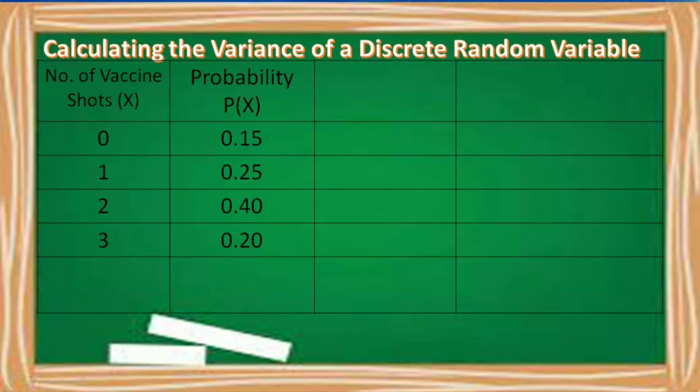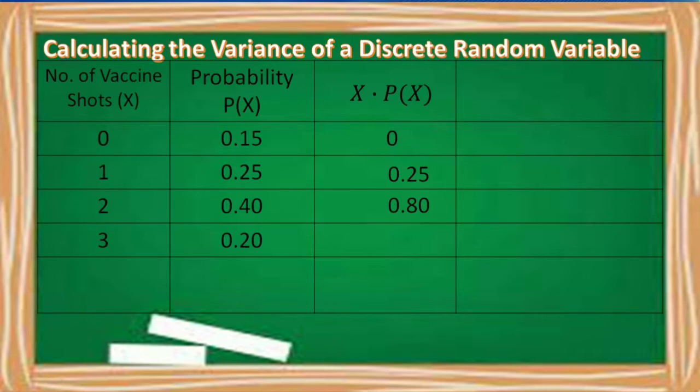So calculate the variance of a discrete random variable, given the number of vaccine shots with their corresponding probability. So first, let's have the product of x and p of x. So 0 times 0.15 is 0. 1 times 0.25 is 0.25. 2 times 0.40 is 0.80.